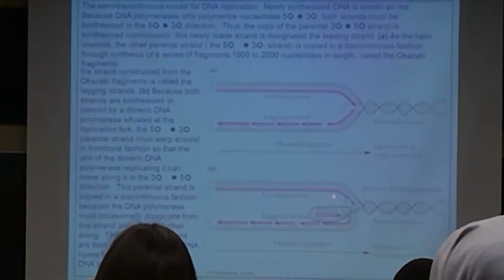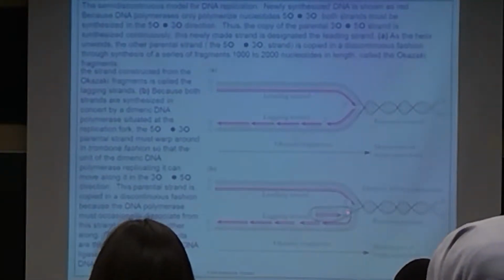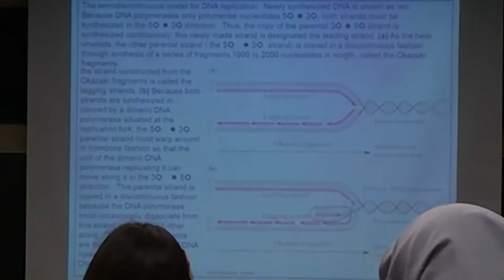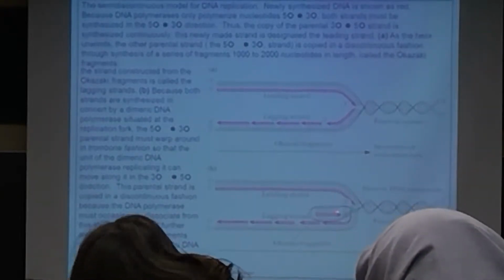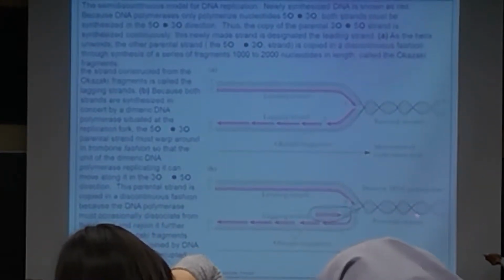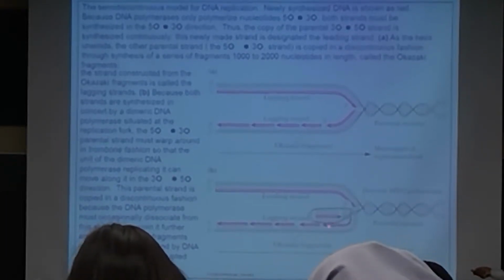To adjust for that, this forms a loop so that the 3' end of the primer is facing the DNA polymerase which is here. So it still adds at the 3' end, but when polymerase moves, whatever DNA is made here gets released.